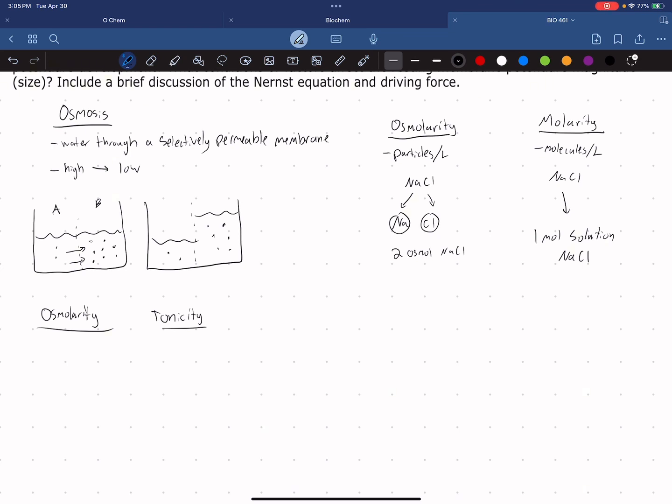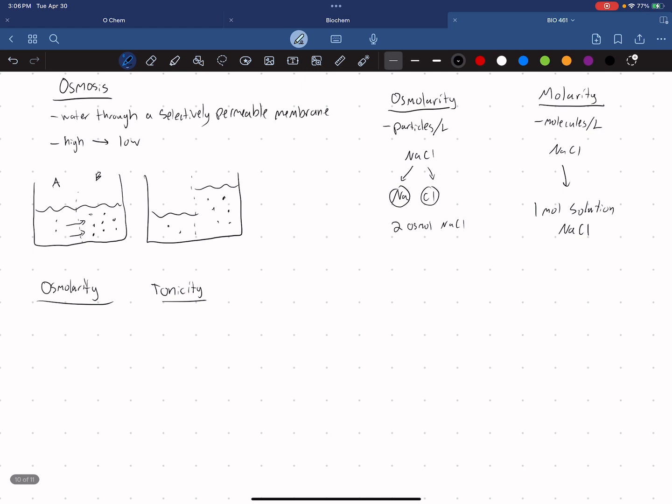So when talking about the differences between osmolarity and tonicity, we know that osmolarity is talking about the solution. So when talking about the amount of particles per liter of solution, we can use different words to describe it. We can use these words iso-osmotic, hyperosmotic, and hypoosmotic.